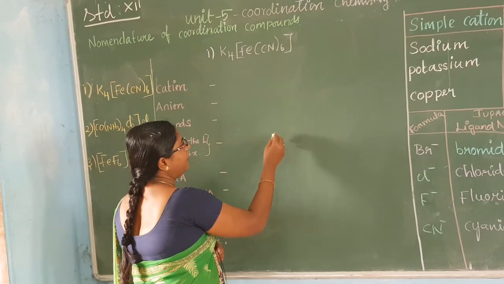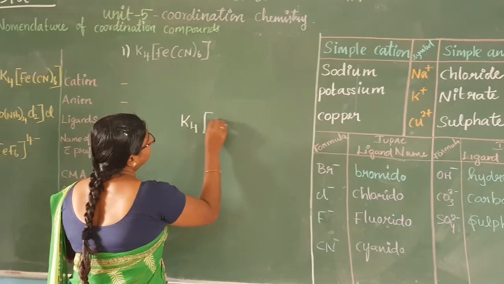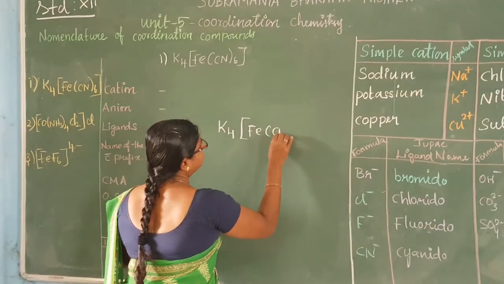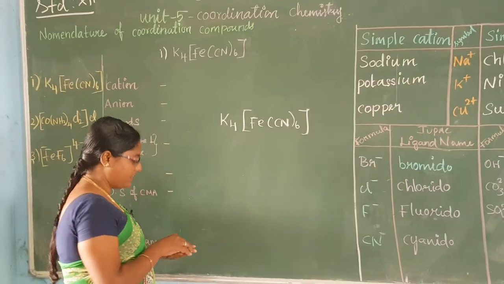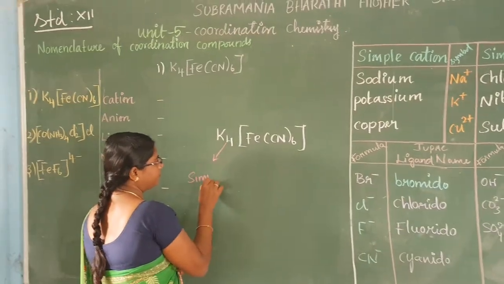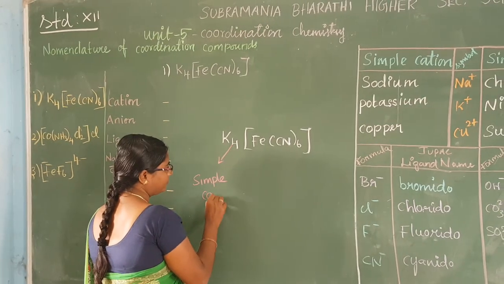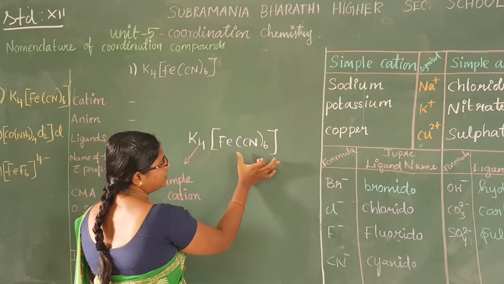So in this the basic thing what you should know is this is our complex that I have taken. So this is simple cation. It is called coordination sphere.